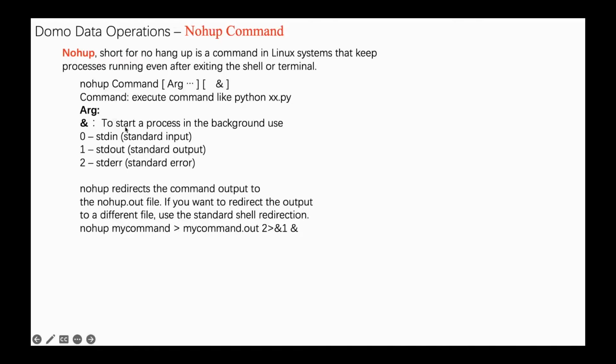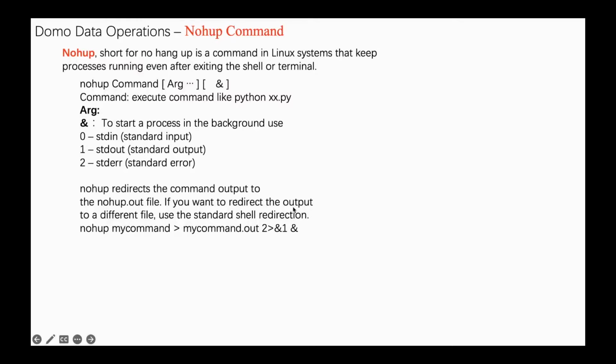The command looks like nohup python file.py with some arguments. The ampersand starts the process in the background. There is also redirection to a file: 0 is standard input, 1 is standard output, 2 is standard error. Nohup redirects the command output to, for example, the nohup.out file.